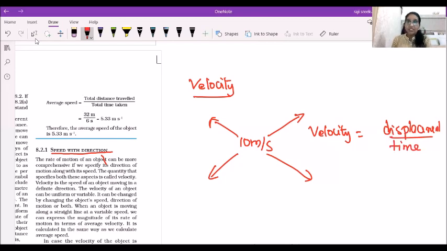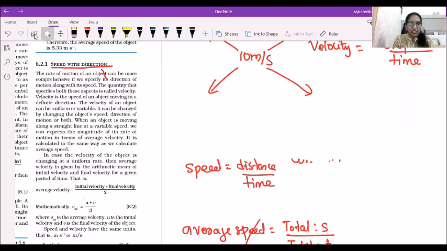When I discussed displacement, I told you that displacement depends upon the initial and final position of the object. The same way, velocity also depends upon the initial velocity and the final velocity. Okay, so in the textbook, you can see how they have written the equation. In average velocity, we are taking initial velocity and final velocity.